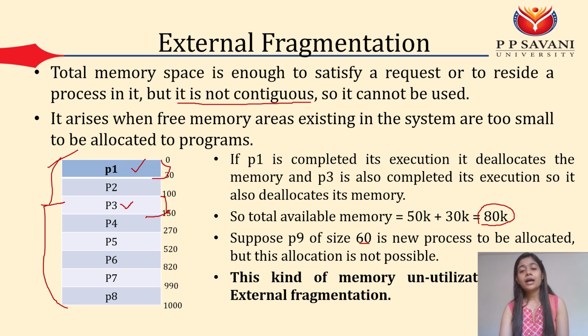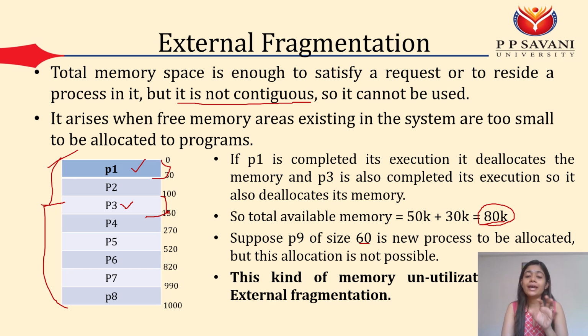Still, I am not able to allocate P9 because this particular 80K is not available in a contiguous manner. The reason for that non-contiguity leads to the non-allocation of P9. So this kind of memory unutilization is called external fragmentation.